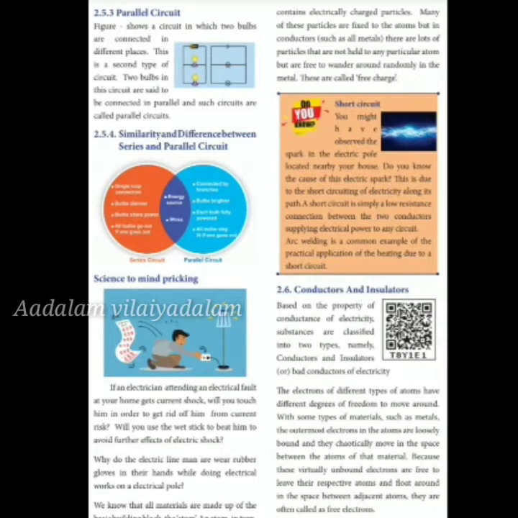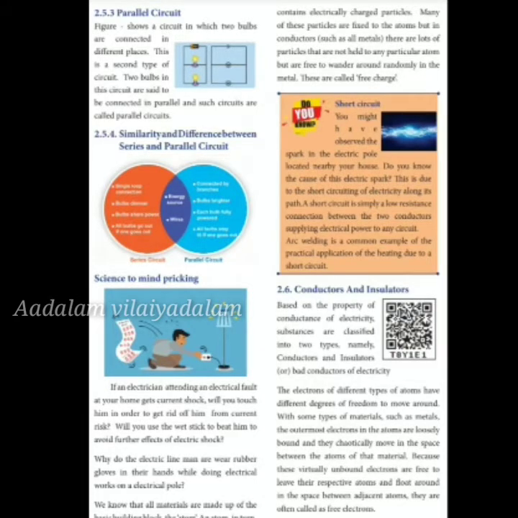With some types of materials, such as metals, the outermost electrons in the atoms are loosely bound, and they move in the space between the atoms of that material. These virtually unbound electrons are free to leave their respective atoms and float around in the space between adjacent atoms. They are often called free electrons.